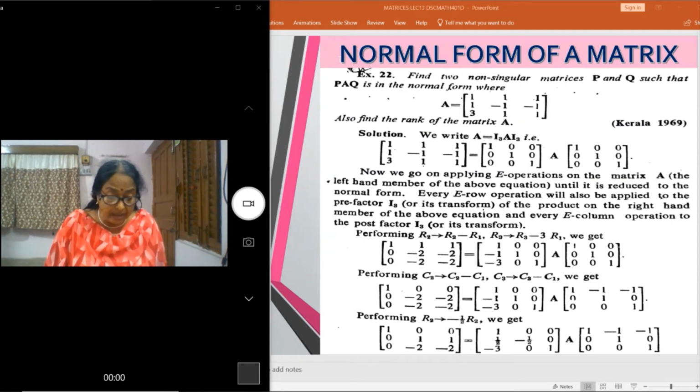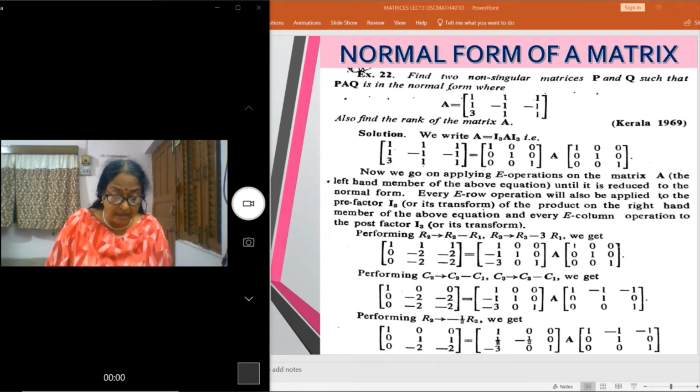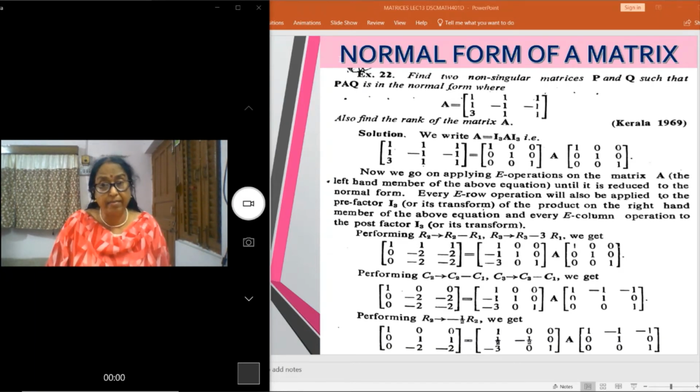So you take A, and on the left side and on the right side you take a matrix of 3 cross 3, because A is of 3 rows and 3 columns.